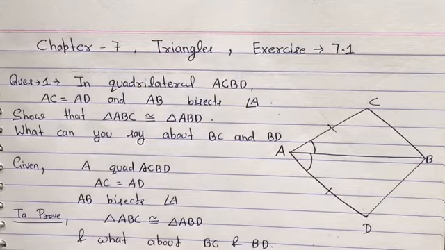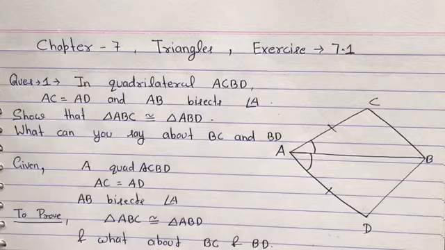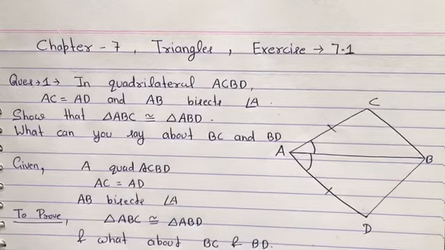So now you have 3 types of congruency: side angle side, SAS congruency; angle side angle, ASA congruency; and angle angle side, AAS congruency.